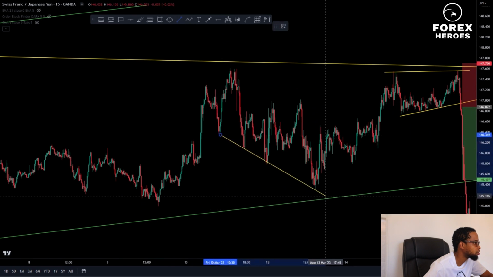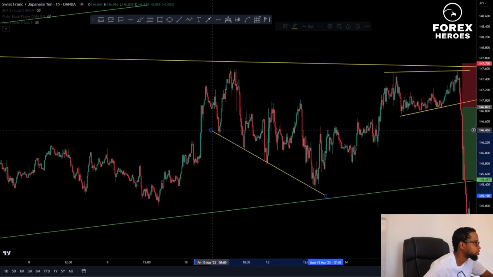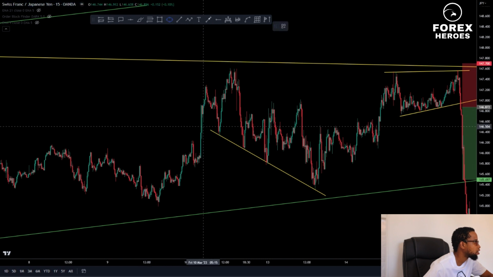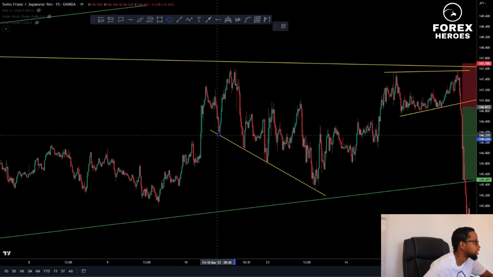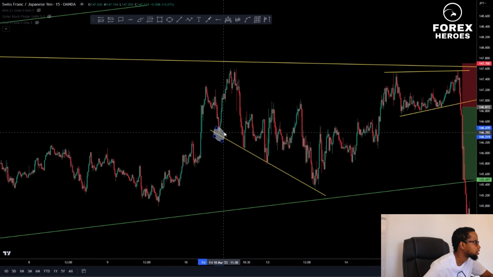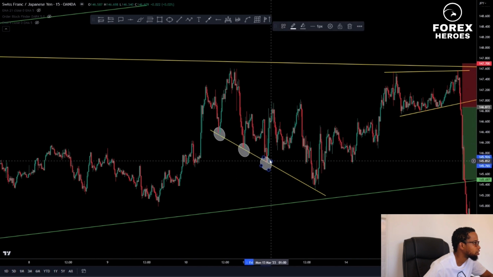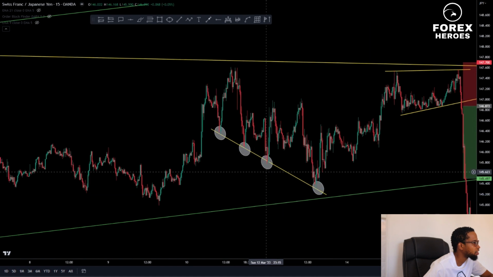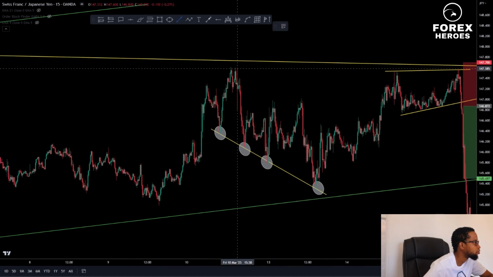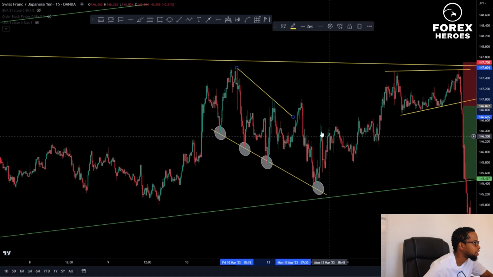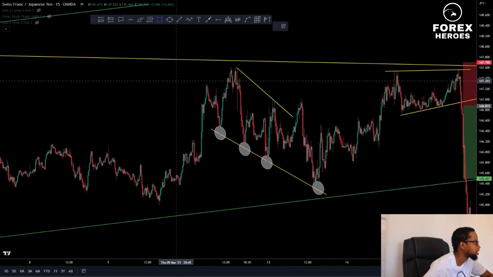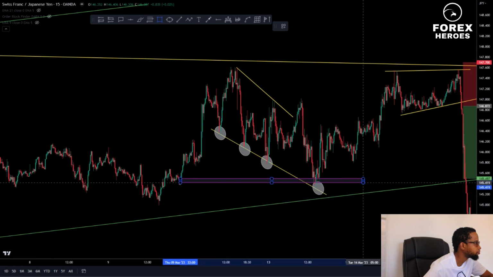You can see here we had multiple touches. The market was failing to break this point. 1, 2, 3, fourth touch, the market pushed way to the upside. You can see here it broke but came to retest this zone.